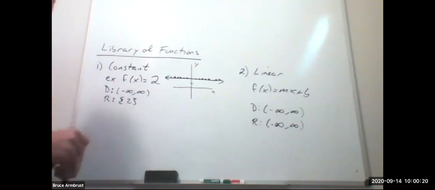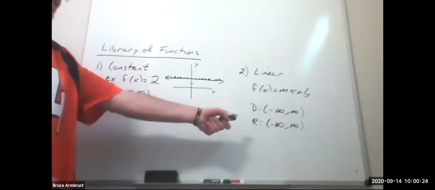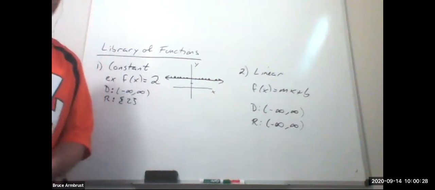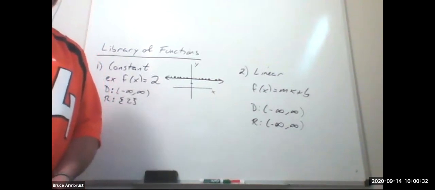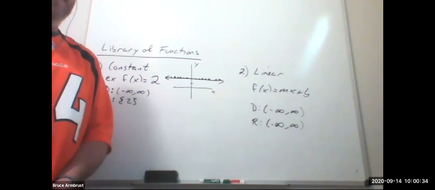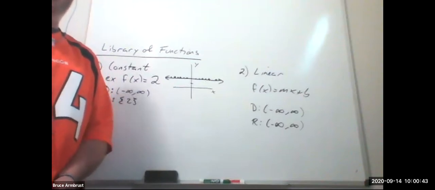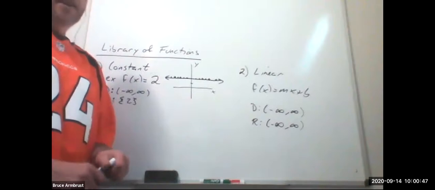All right, now, what about the other properties? Are these increasing? Are they decreasing? All right, so she just said it could be either, and that's good. Are they increasing?